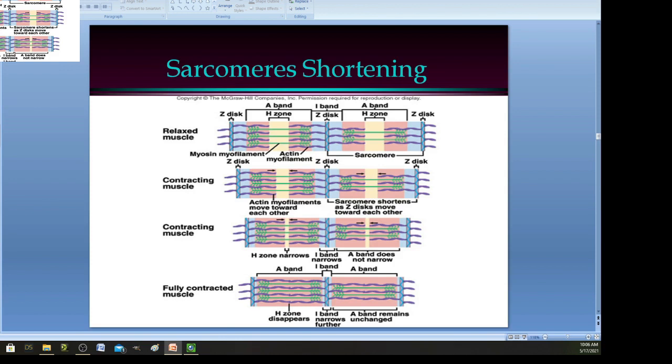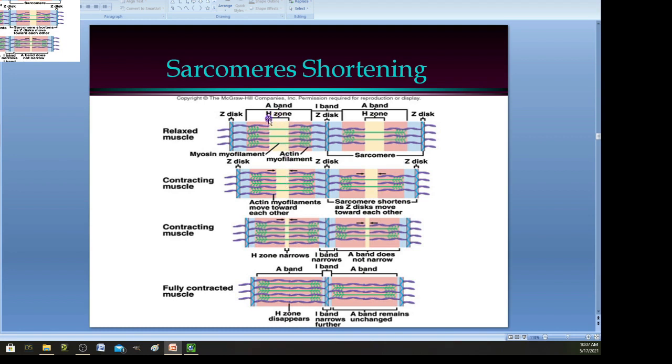I've got a little diagram that shows how sarcomeres shorten. So the top here is a relaxed muscle with all of those bands and zones that we talked about. And then as we progress down, the muscle contracts. Now notice what happens when we contract. The actin and myosin slide against each other, and the actin is actually pulled together in the middle.